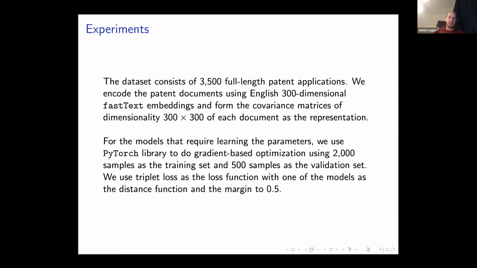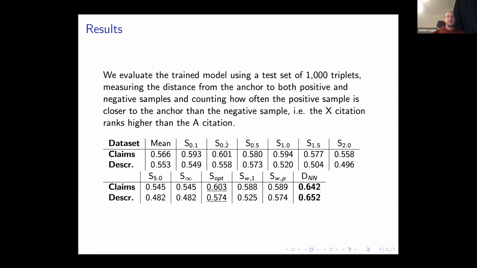The learning loss is the triplet loss. After we run the training, we evaluate it with the leftover 1,000 triplets. The task here is to measure if we can get the X citation to be closer than the A citation.